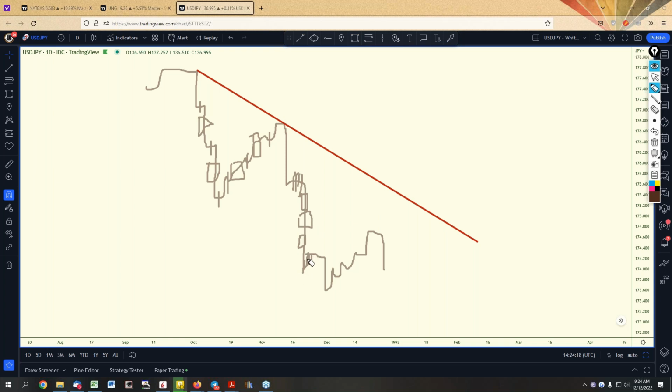Momentum candles, but they just don't quite close above the wicks of the basing candles. And it just seems like a lot of stuff is happening in between these areas.